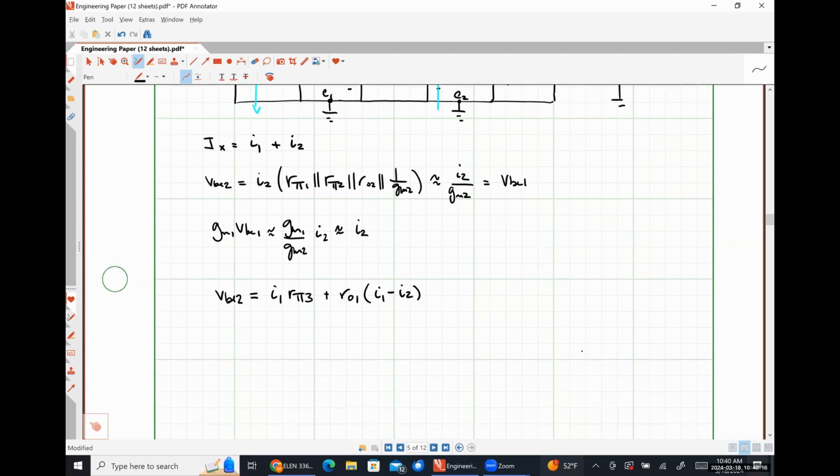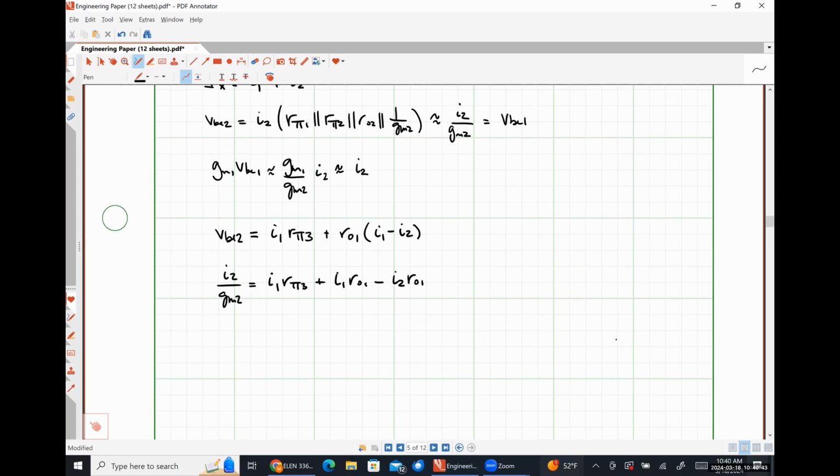We can substitute in the relationship that VBE2 is equal to I2 over GM2. So that gives us I2 over GM2 is equal to I1 times R pi 3 plus I1 times R01 minus I2 times R01.